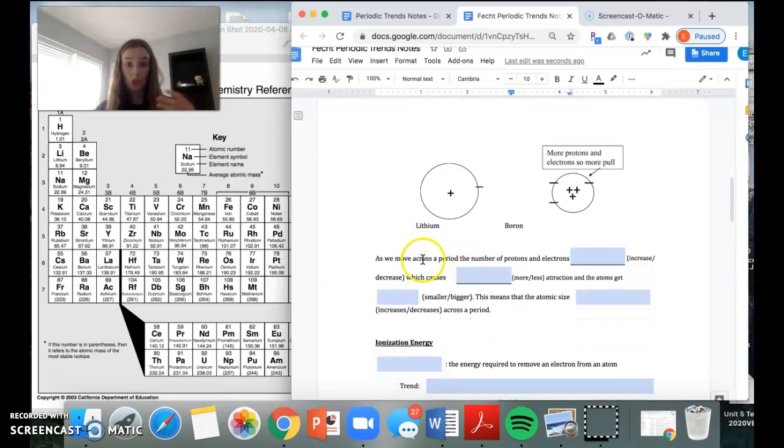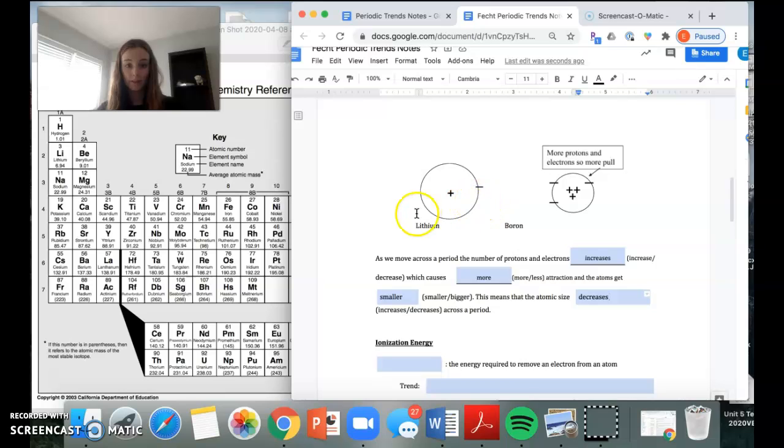So as we move across, the number of protons and electrons increases, which causes more attraction, and the atoms get smaller because they're attracting more, and thus the atomic size decreases going across.